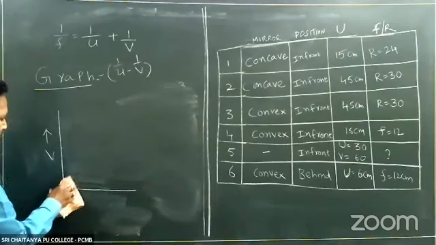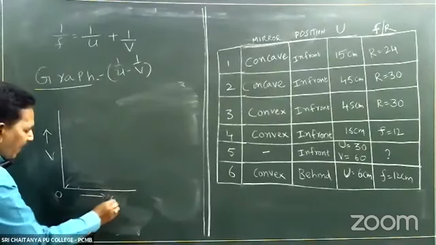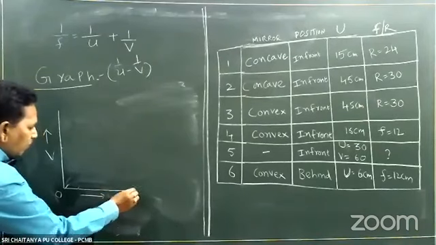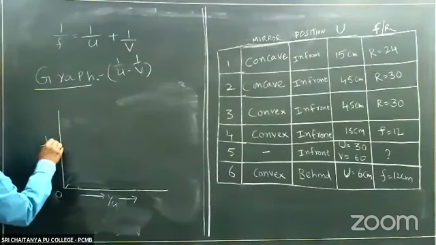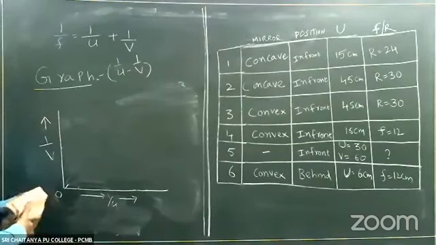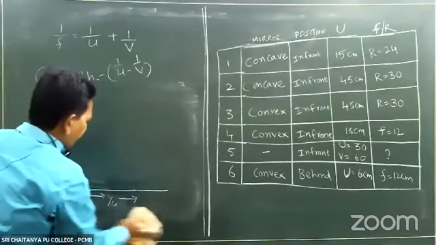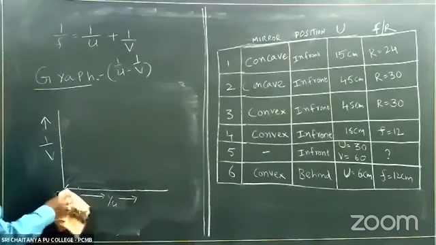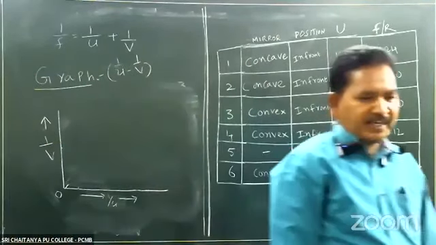Now, what is taken along the x-axis? 1 by U values. What is taken along the y-axis? 1 by V values. What will be the nature of the graph?